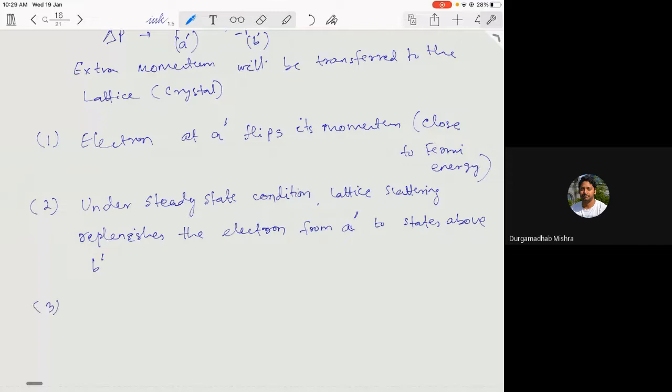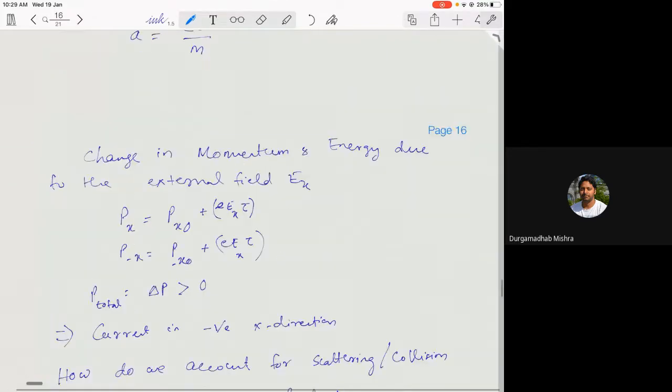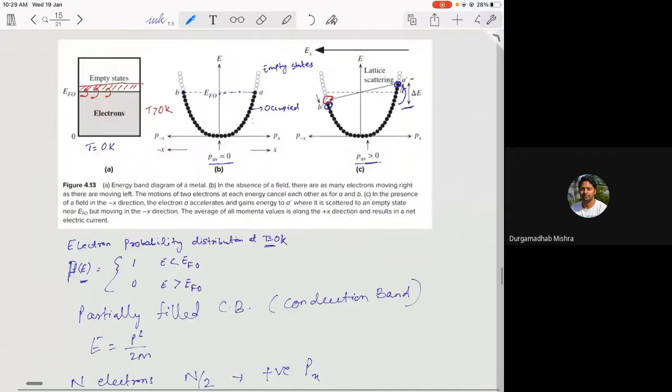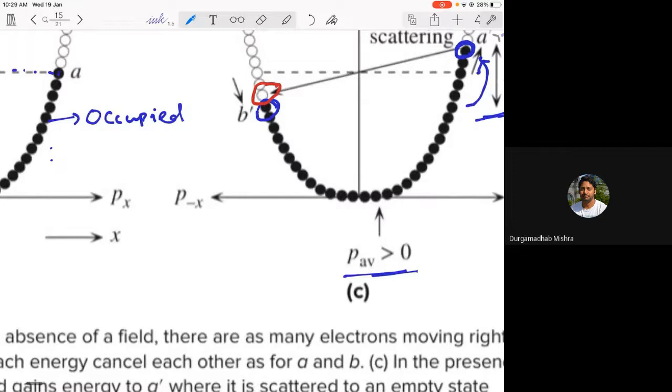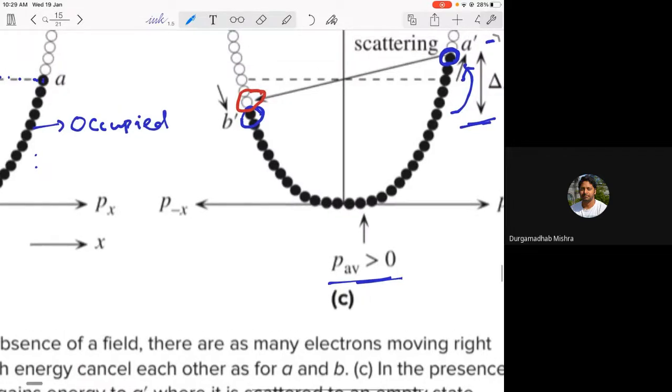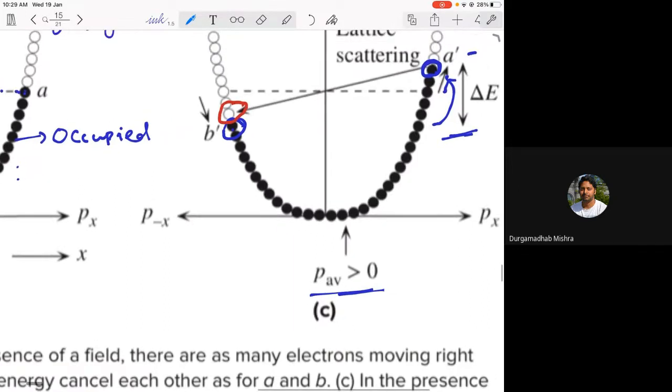Another important thing which I missed mentioning: when you look here, all the electrons below B prime on the negative momentum axis have a counterpart electron with a positive momentum as well.